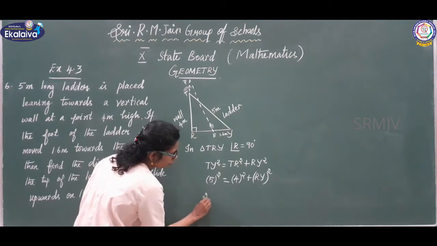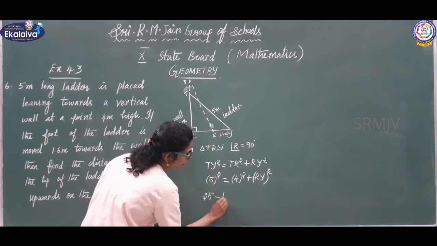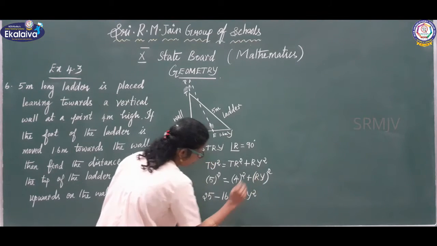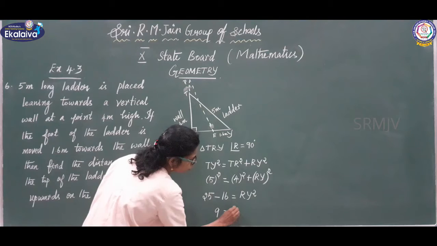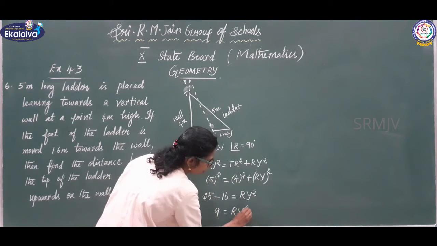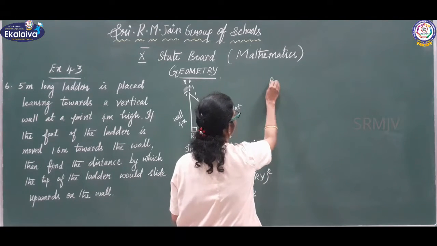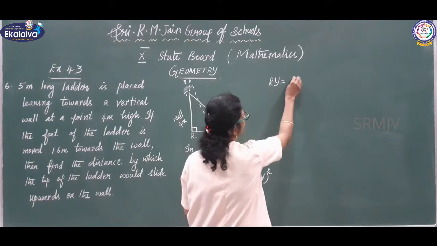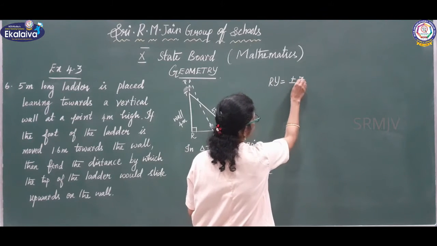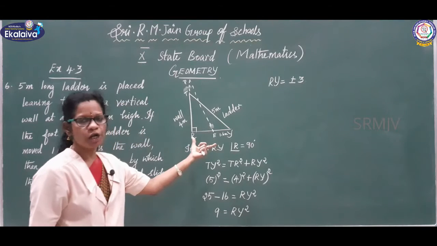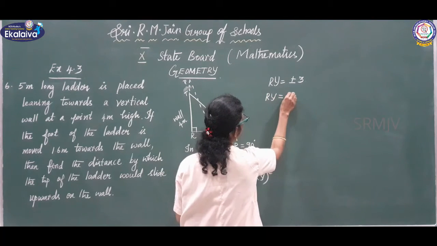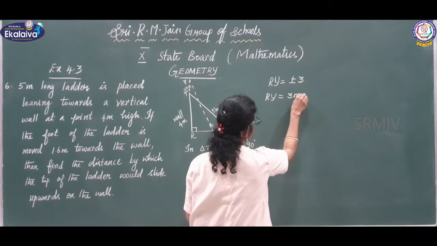Now 25 minus 16 equal to RY square. 9 equal to RY square. Then what is RY? RY equal to plus or minus 3. The measurement cannot be negative. So, RY equal to 3 meter.